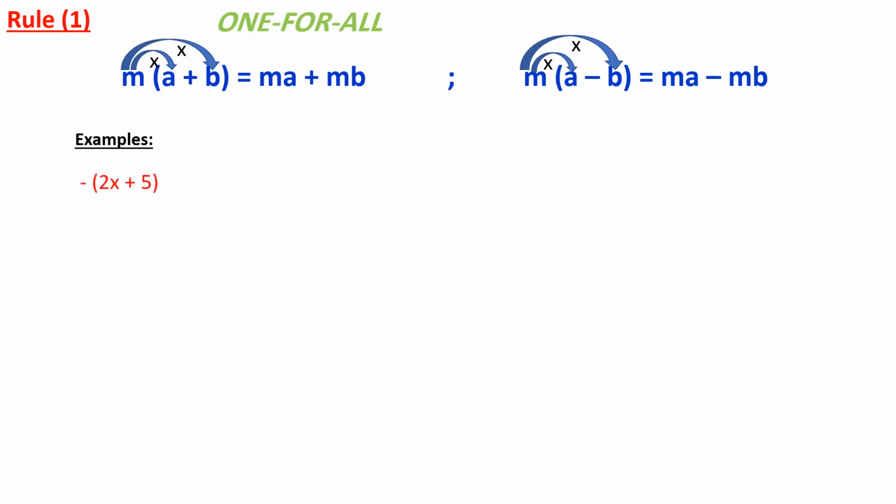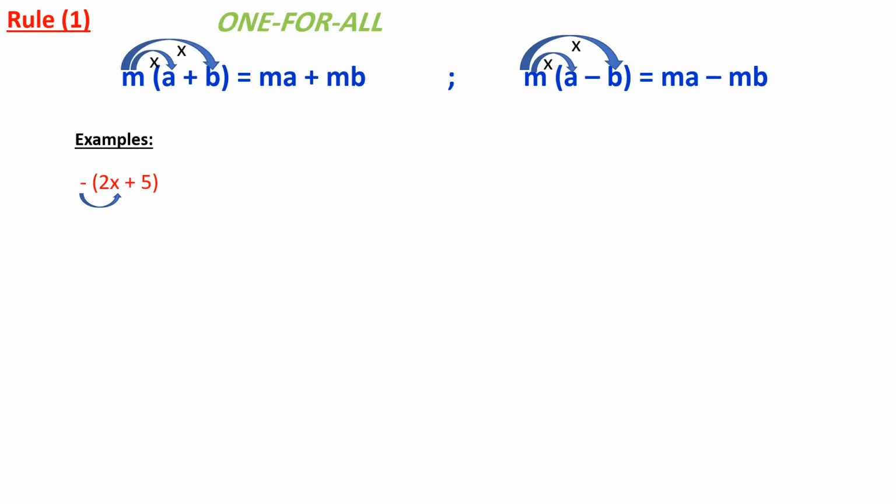As examples, we have minus (2x plus 5). So everything inside the parenthesis is multiplied by a minus. Negative times positive is negative, and we write 2x. So we multiply negative by 2x, so it's negative 2x.